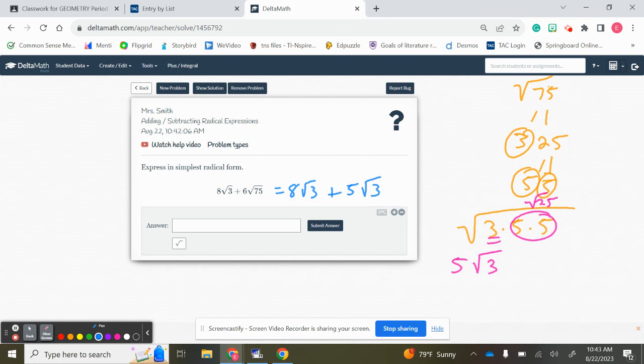So I just add 8 and 5. What does that give me? 8 plus 5 is what? Again, calculators are okay. 8 plus 5. 13.